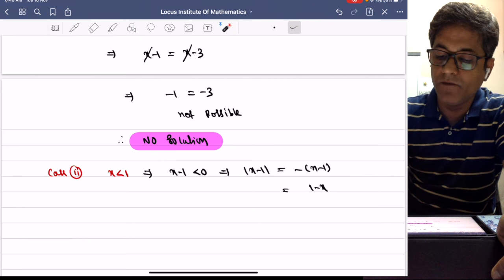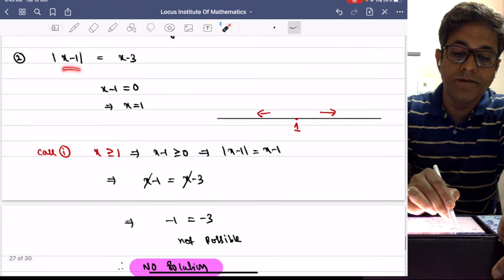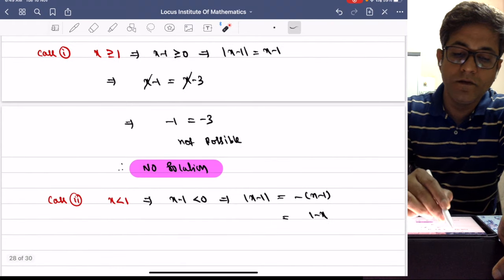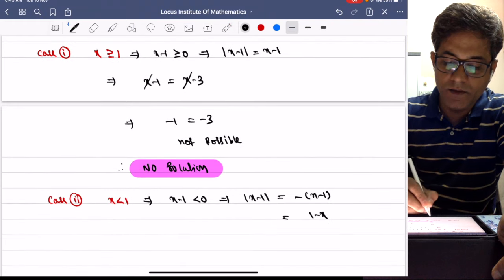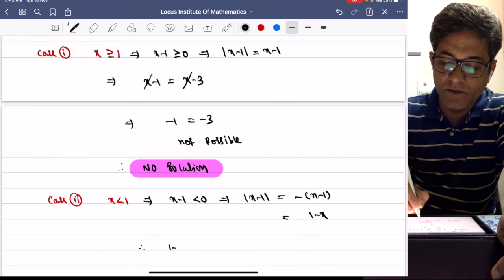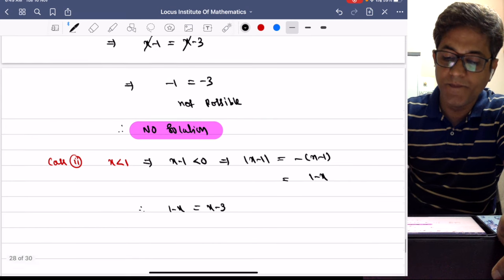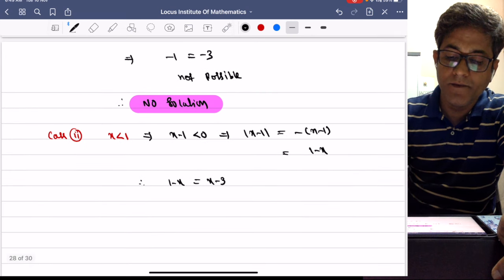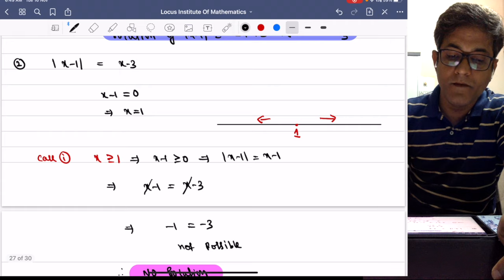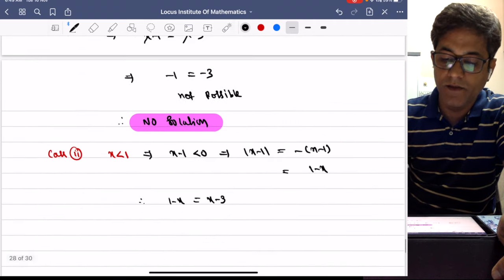Now you put 1 minus x in place of mod x minus 1 in the given question. Then the question becomes 1 minus x equals x minus 3.